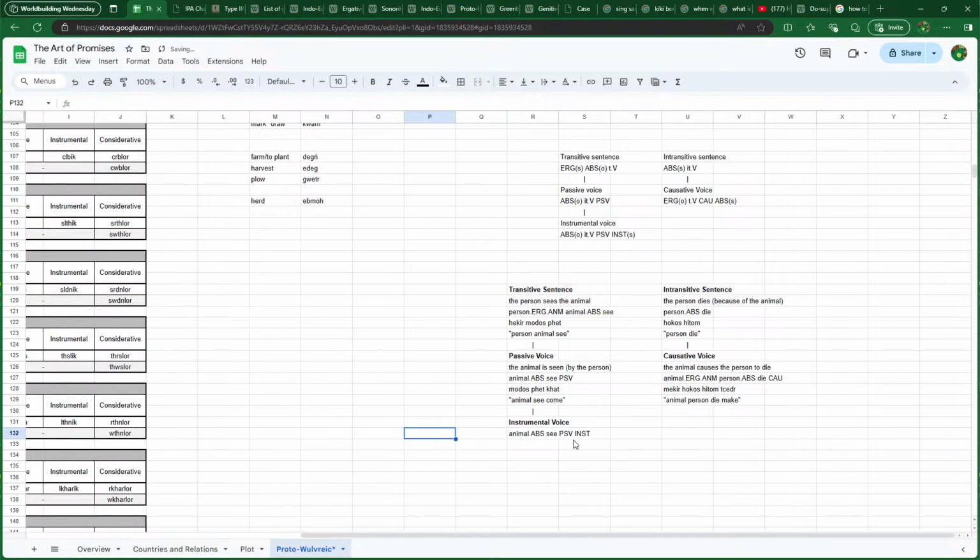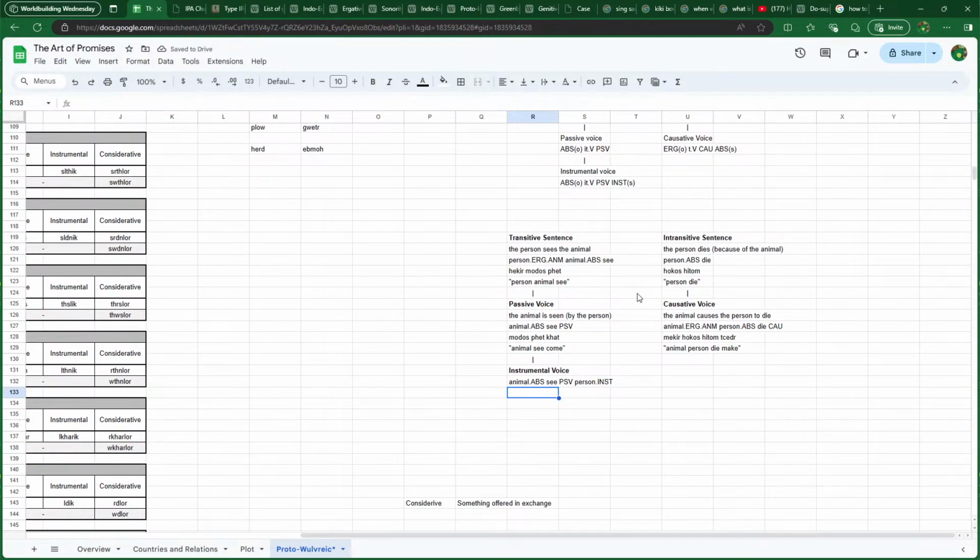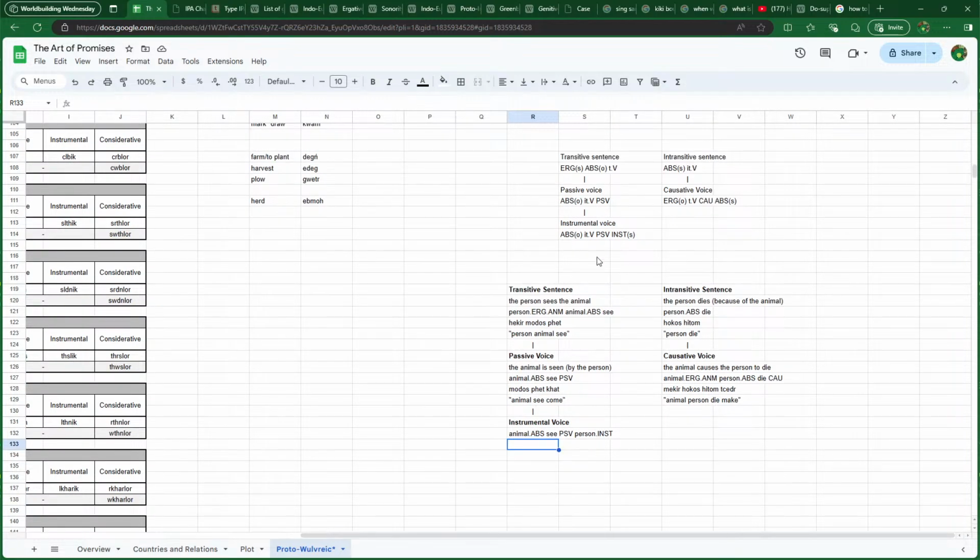So this is person instrumental, or by means of the person, right? So this person is the same person that was the original subject of the transitive sentence. So this would be modos pet cat. Oh, actually no. That goes here.